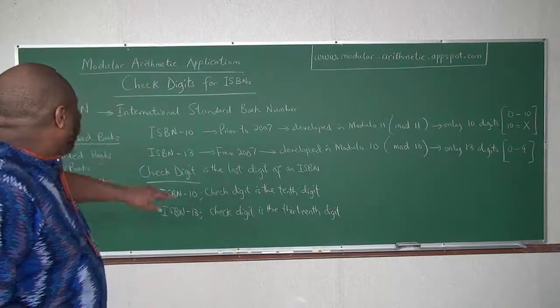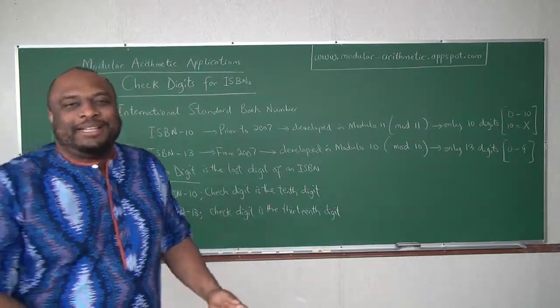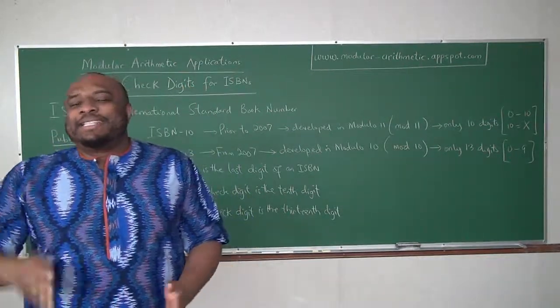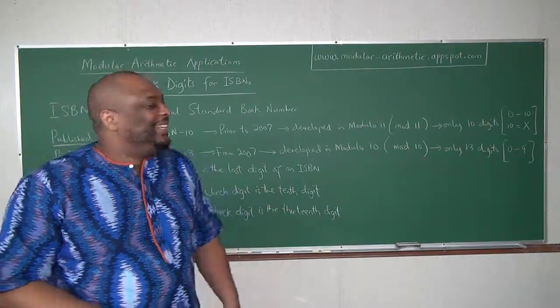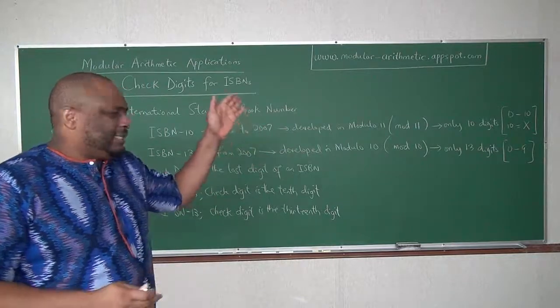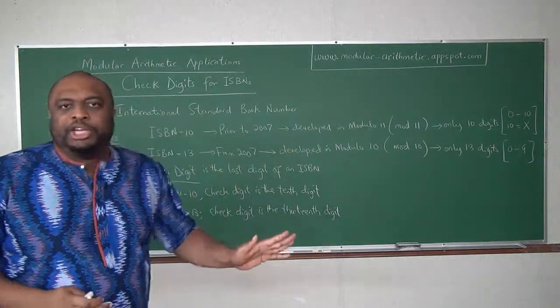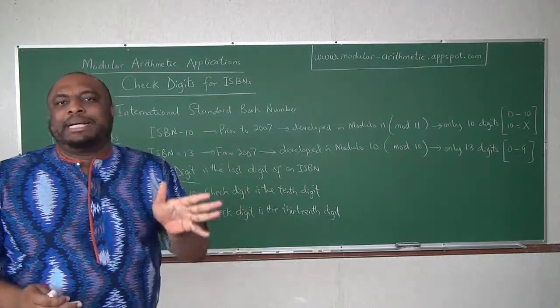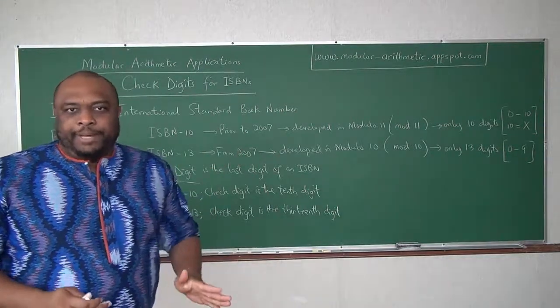So if I say ISBNs, that means International Standard Book Numbers. You already see that modular arithmetic was used to develop it.